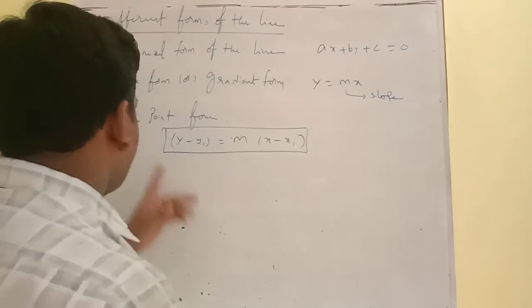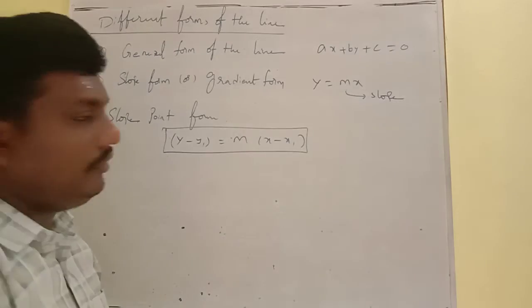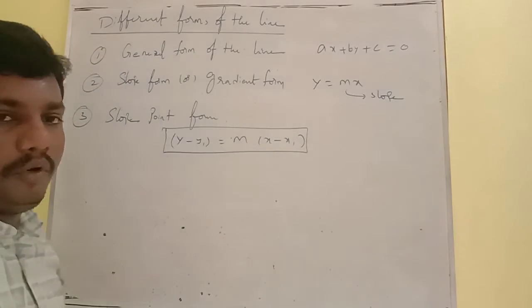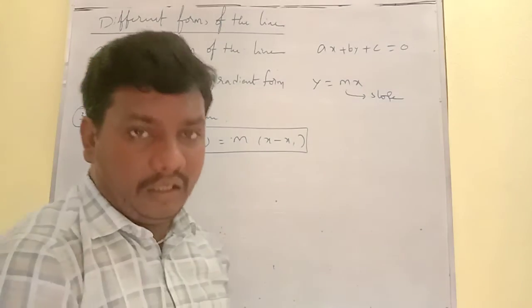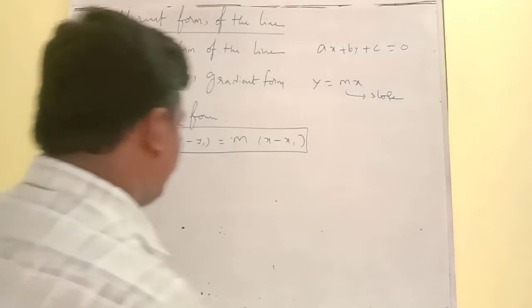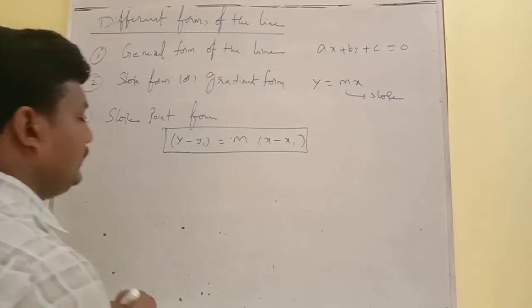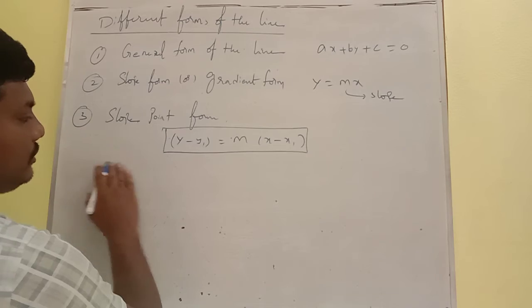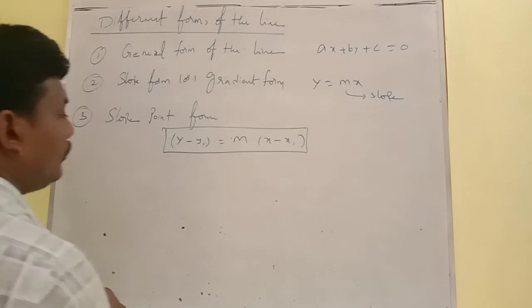This is called slope point form. When slope and a point are given, we have to find the line by using this formula.